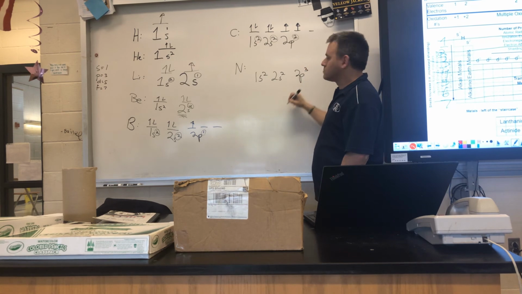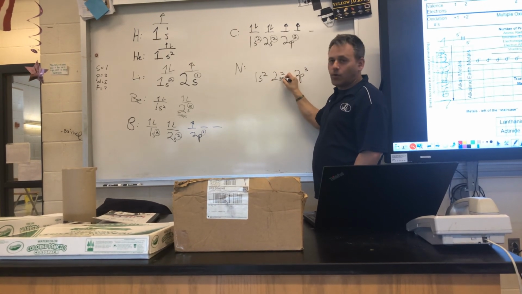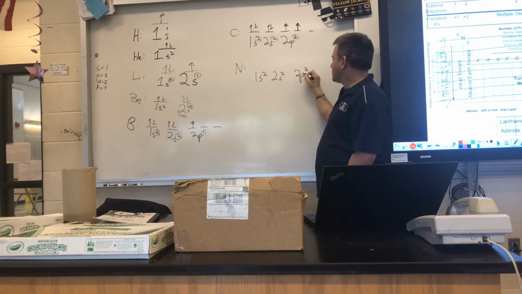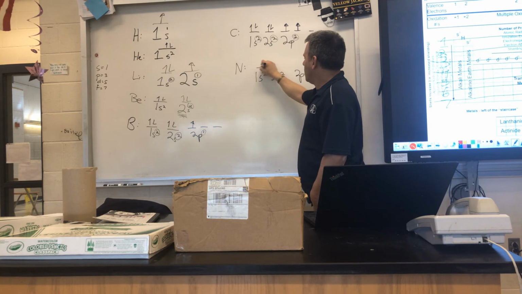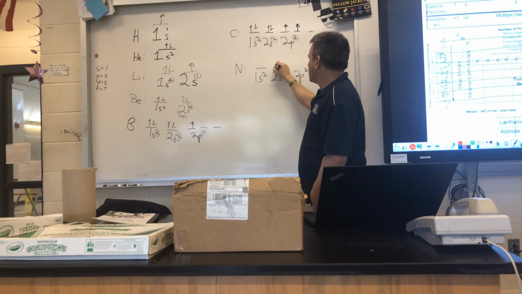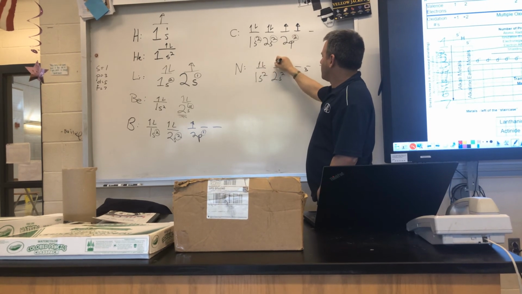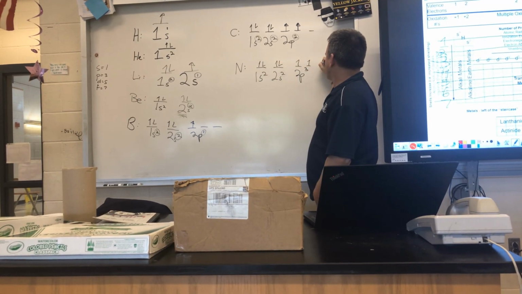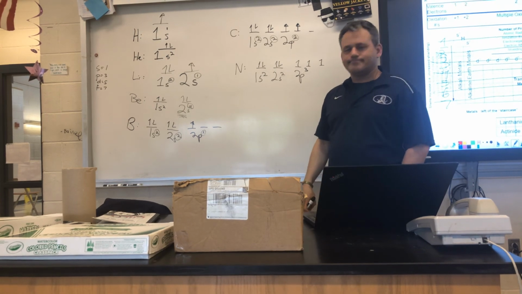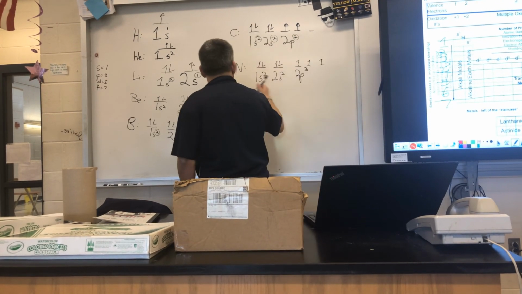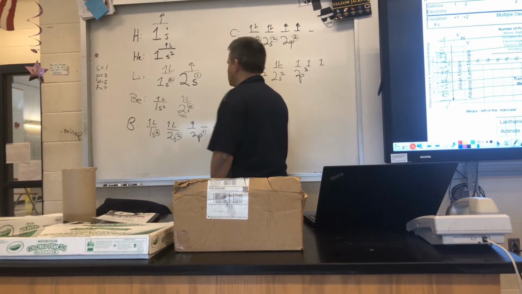That's 7. 2 plus 2 is 4, plus 3 is 7. 7 total electrons. Every time I have an S, 1 space. P, 3 spaces. Up, plop, up, up. Quantum physics, guys. Quantum physics.